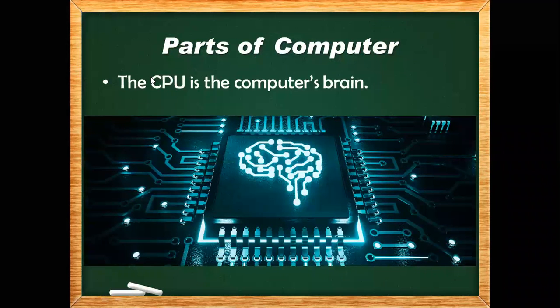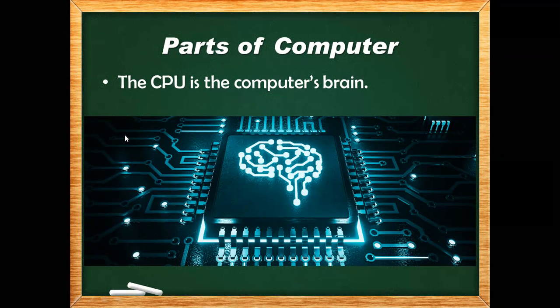Let's see what else we have. So, the CPU is the computer's brain. Where is our brain? In the head, in the hand, in the knee, or in the feet? Can anyone tell where our brain is?